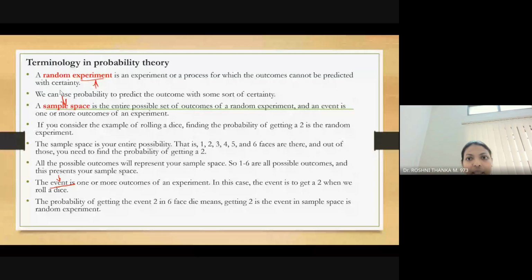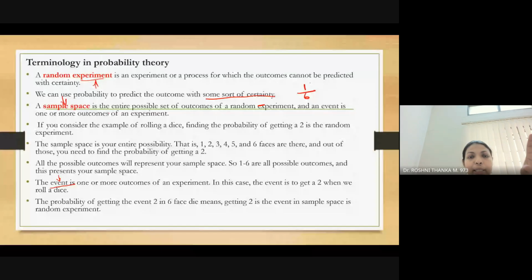What is the certainty? When I roll a dice, there are totally 6 outcomes, out of which the certainty of getting 3 is 1 out of 6. Likewise, I can give some sort of certainty. That is what is called probability.